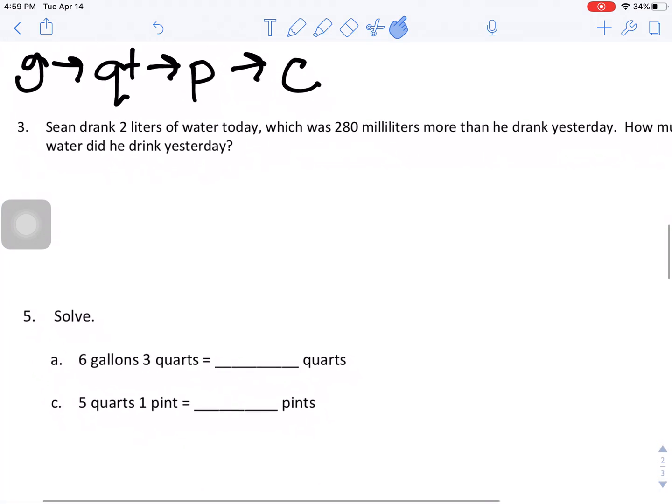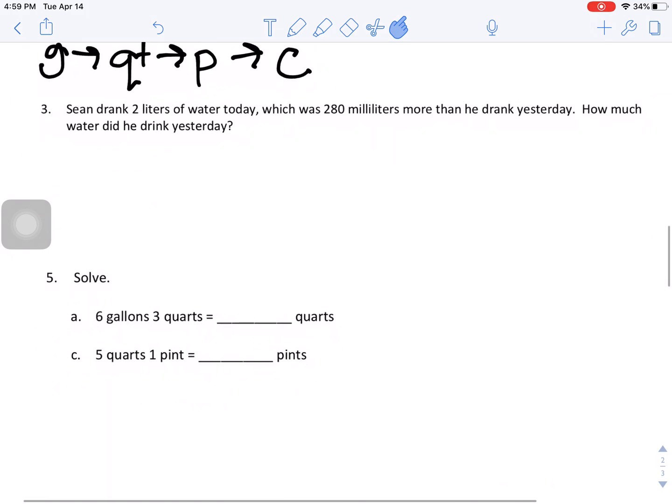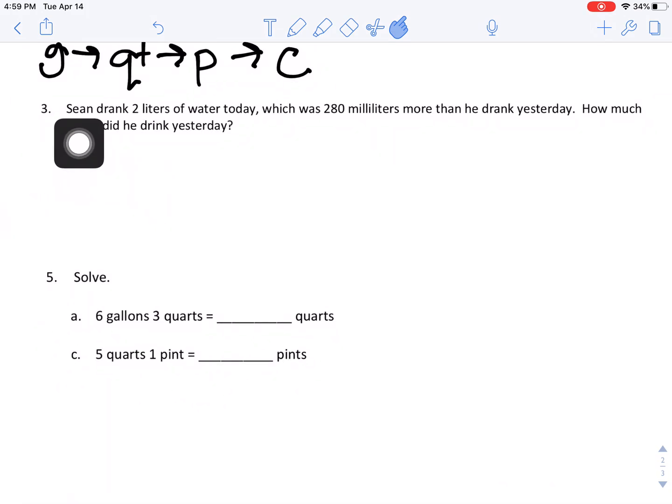You are also going to get word problems. So here's an example word problem. This says, Sean drank 2 liters of water today, which was 280 milliliters more than he drank yesterday. How much water did he drink yesterday? Oh, I'm sorry.